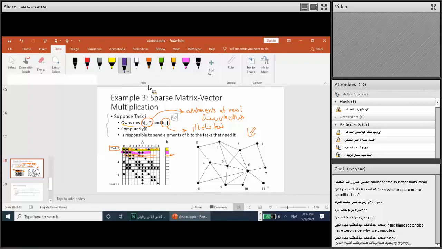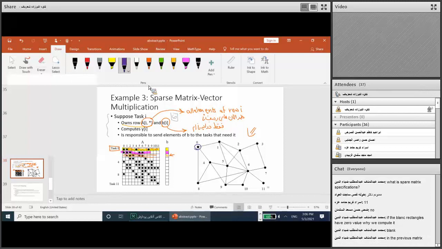Now focus on task 0. Task 0 computes the multiplication of non-zero elements with the corresponding B, but task 0 just has B0.